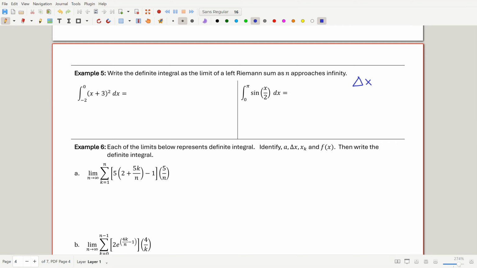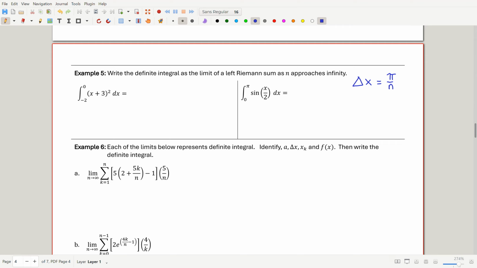What is delta x in this example? It's not just pi. Pi is the full width of the interval, but we're breaking it into n rectangles. So what's the width? Correct, pi over n. So it's always nice when our lower limit is 0 because our overall width is just the upper limit.